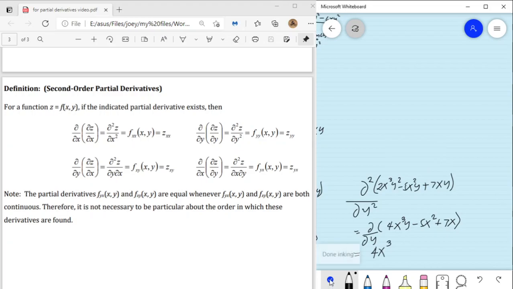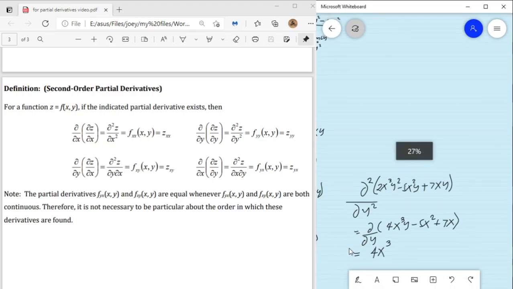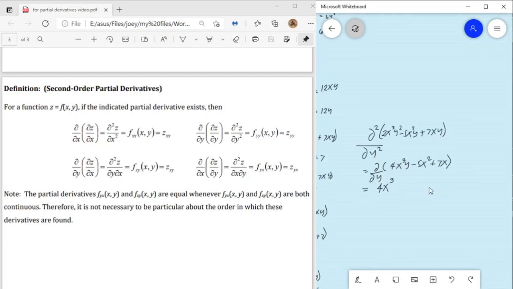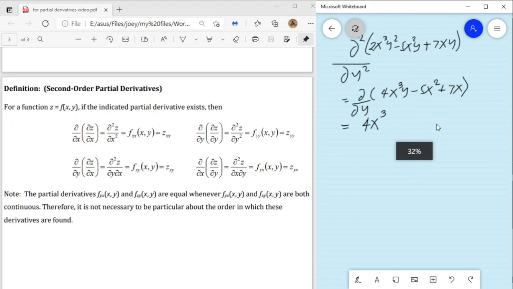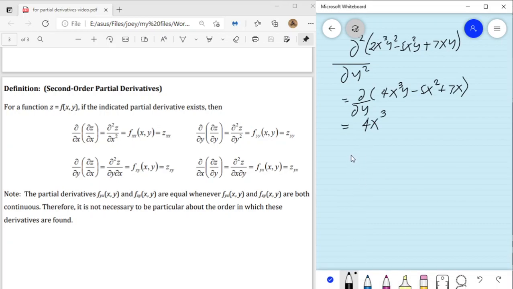Okay. Next, suppose we would like to find the second partial derivative of the same expression 2x cubed y squared minus 5x squared y plus 7xy with respect to y and then with respect to x.